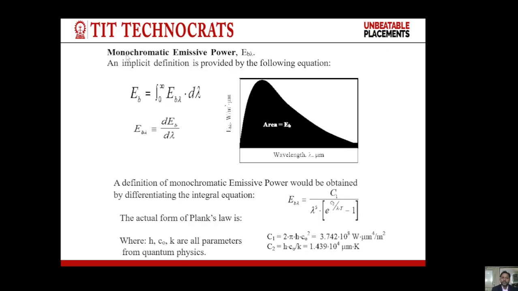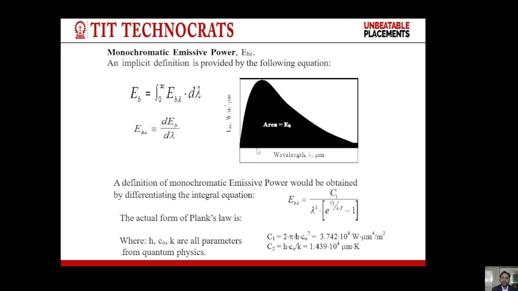Another term governing heat transfer is monochromatic emissive power, given by E_b lambda, and its implicit definition is provided by the following equation: E_b equals the integral from 0 to infinity of E_b lambda d lambda.